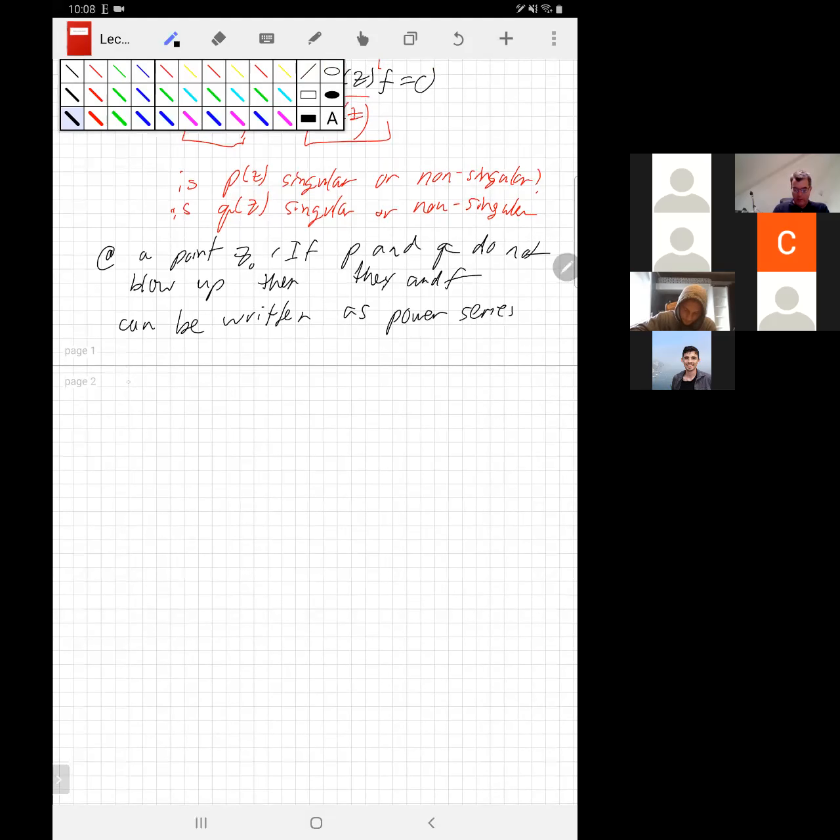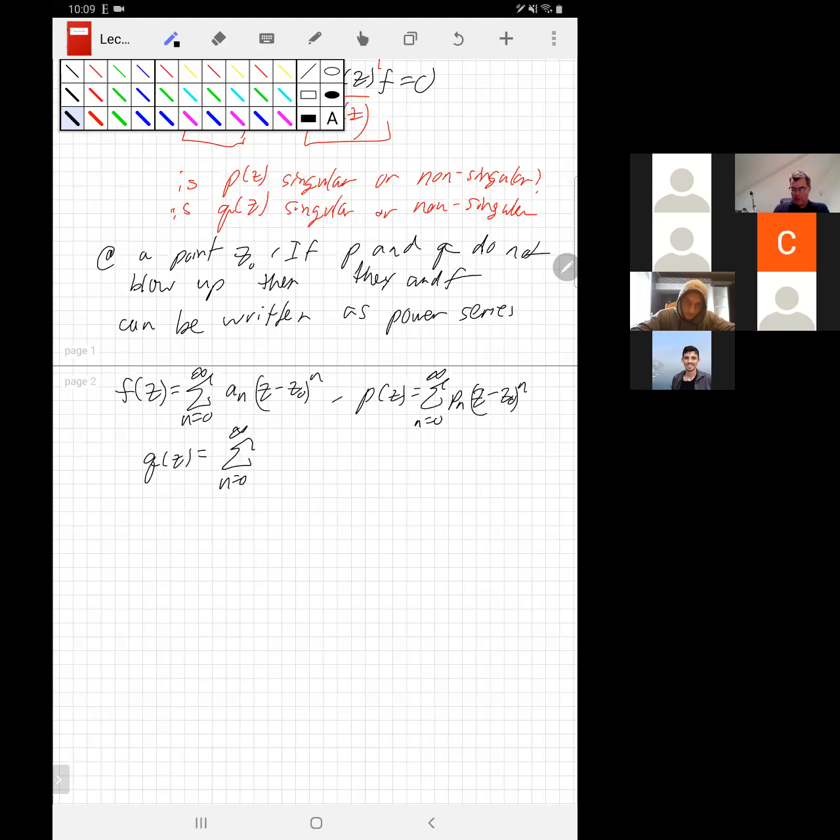So we can say that f of z is equal to the sum from n equals 0 to infinity of a_n (z minus z naught)^n. P of z is equal to the sum of p_n (z minus z naught)^n, and q of z is the sum from n equals 0 to infinity of q_n times (z minus z naught)^n.